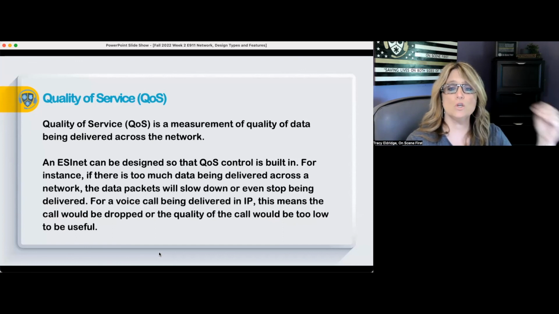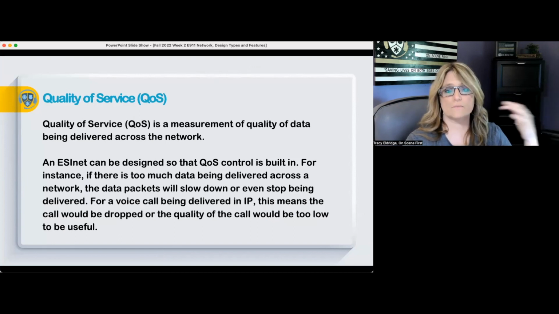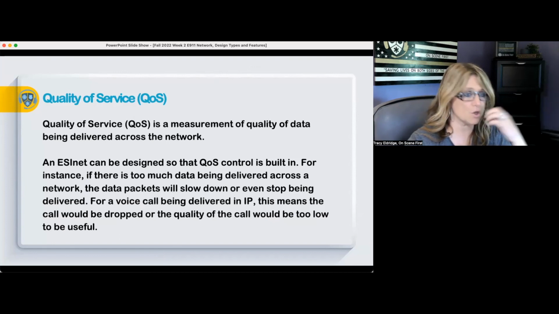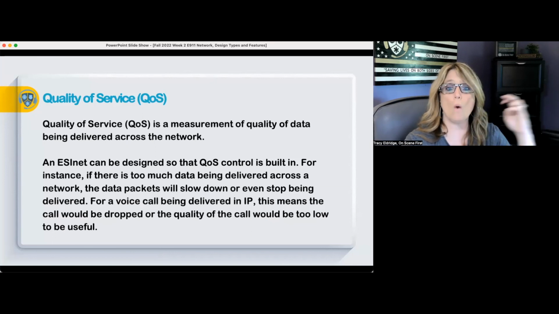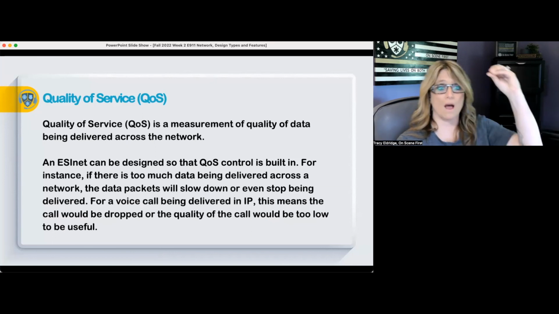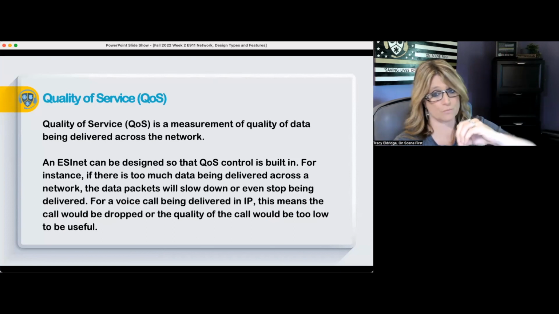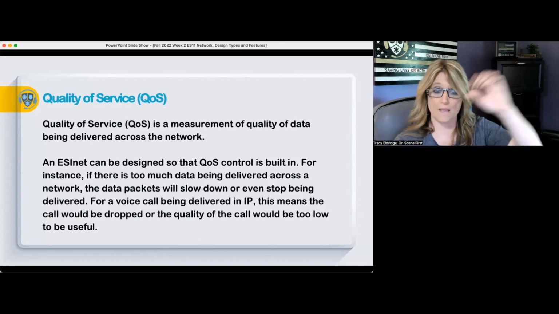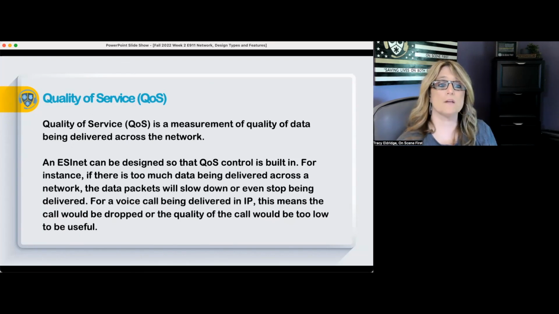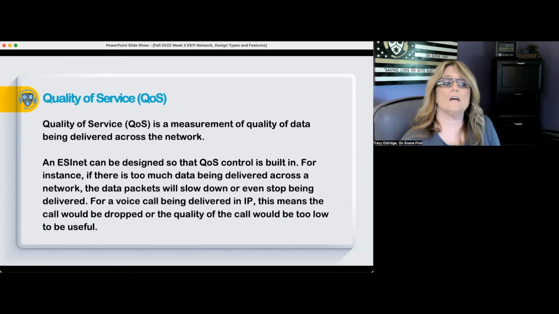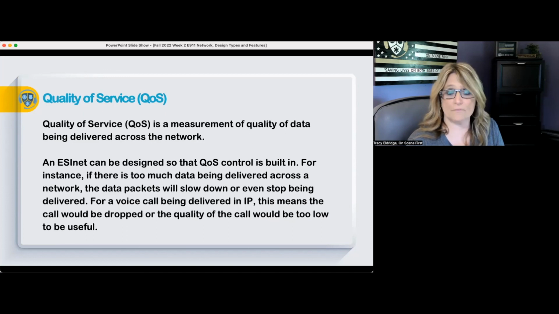When it comes to using any type of network, we have to have quality of service checks and balances in place. So quality of service, QoS, with the uppercase Q for quality, lowercase o for the small word of, and then uppercase S for service, is a measurement of quality of data being delivered across any type of network.